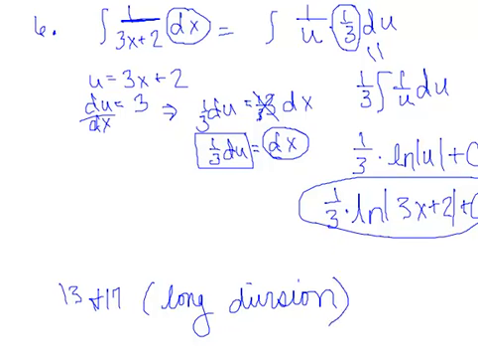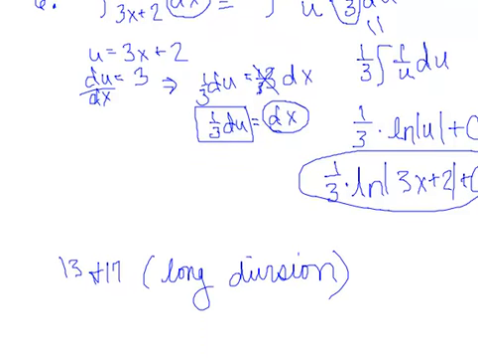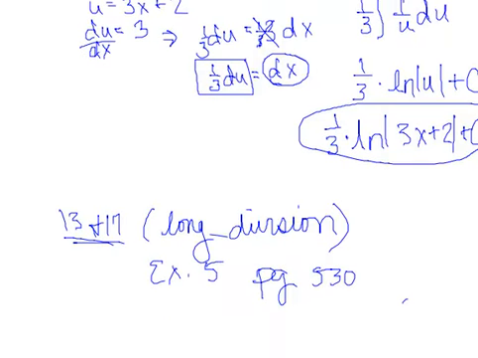I might make a video on long division of polynomials if we are struggling with it, but this is something that you can look over in example 5 on page 530. So once again, if you're struggling, please go there and look over that example. Otherwise, I may be making a video on that.